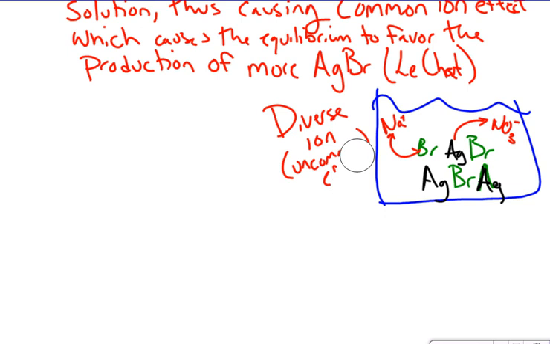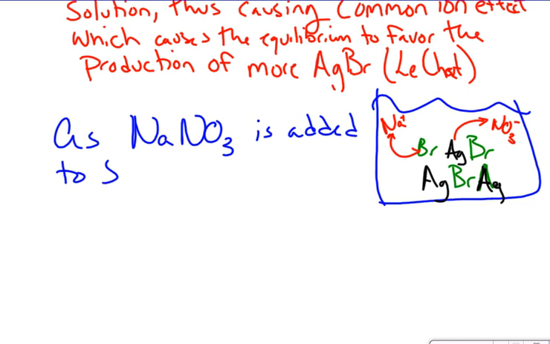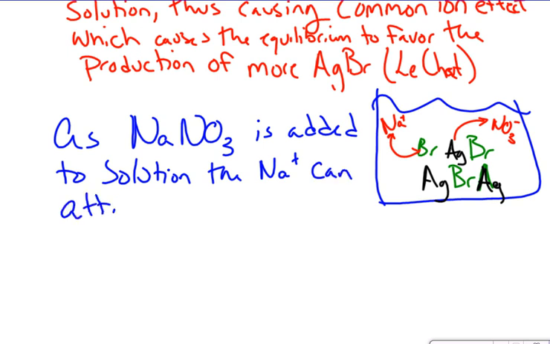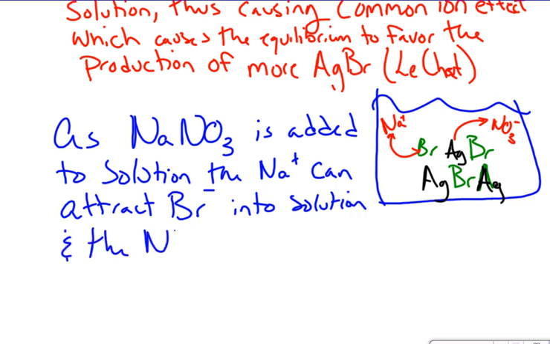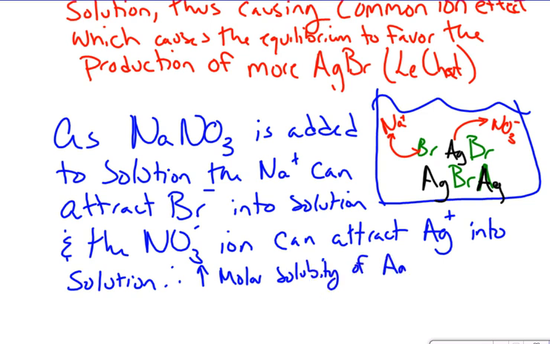So if I was going to express the diverse ion effect to my grader, I would start with: as sodium nitrate is added to solution, the sodium ion can attract bromide ions into solution, and the nitrate ion can attract silver ions into solution, therefore increasing molar solubility of silver bromide.